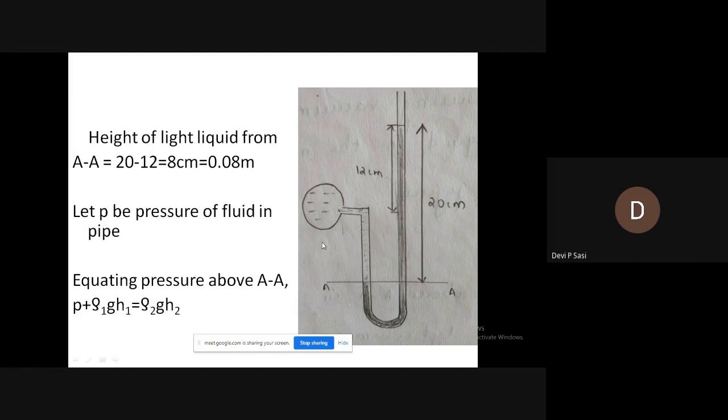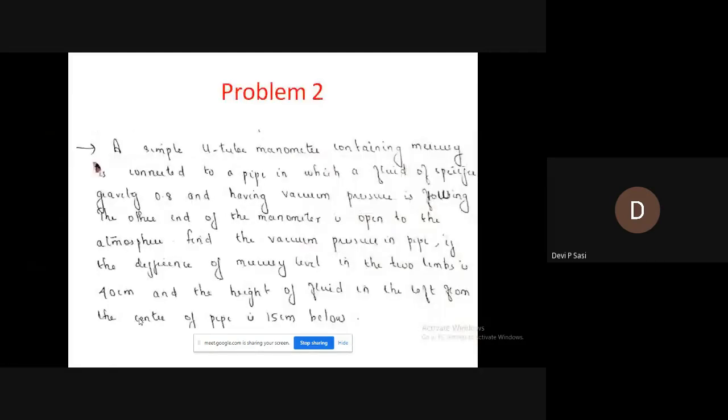Now let's equate the pressure above the datum line AA. The pressure inside the left limb will be equal to the pressure inside the right limb. So we may write P plus rho 1 g H1 is equal to rho 2 g H2.